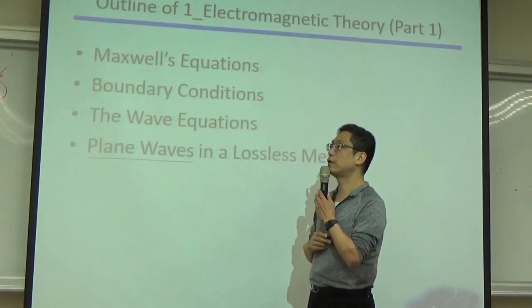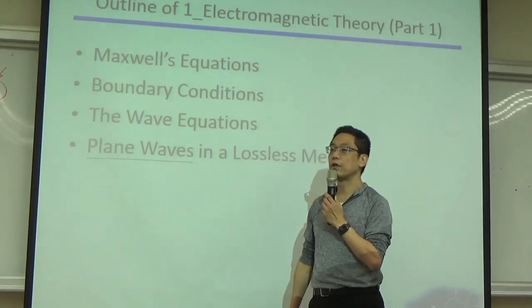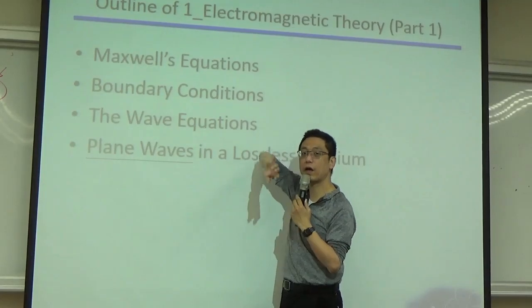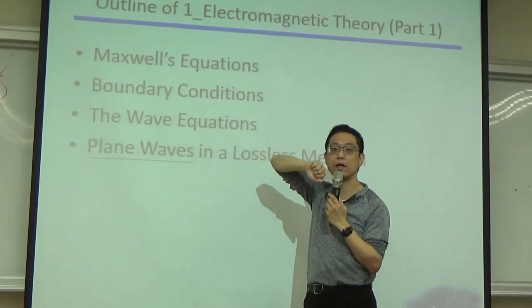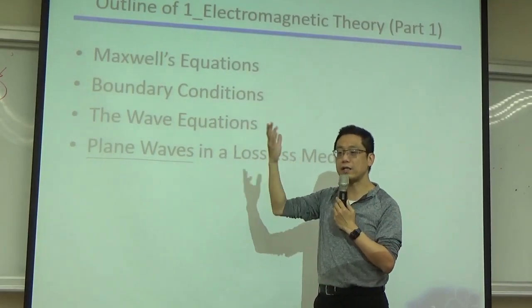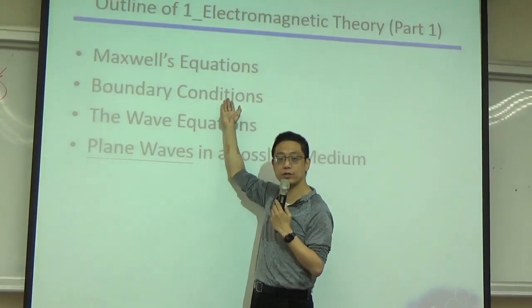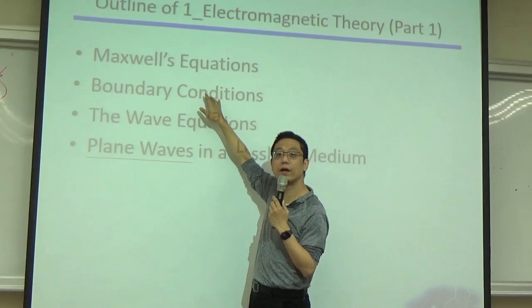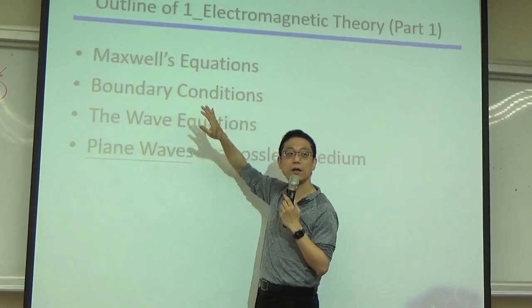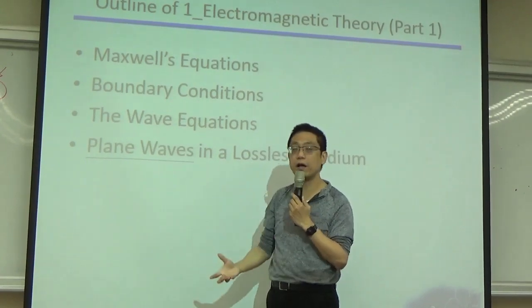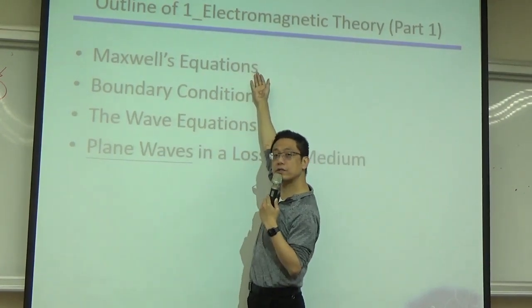After you have the background of Maxwell equations, we also have some applications. At the end of last week, I tried to explain boundary conditions, just part of the boundary conditions. This is the first thing in our class to apply Maxwell's equations.